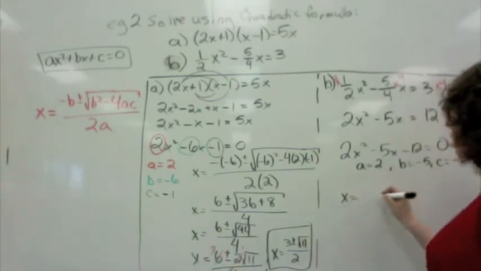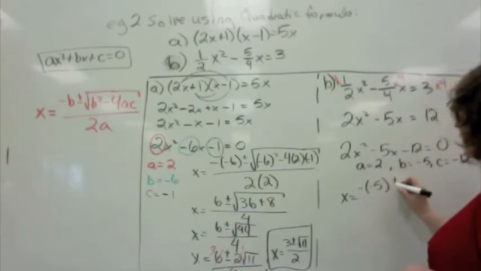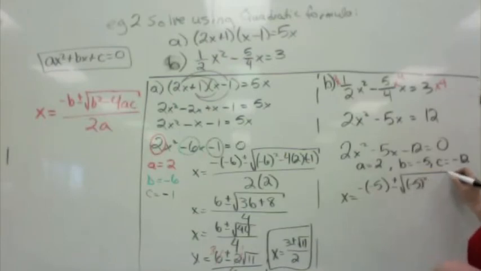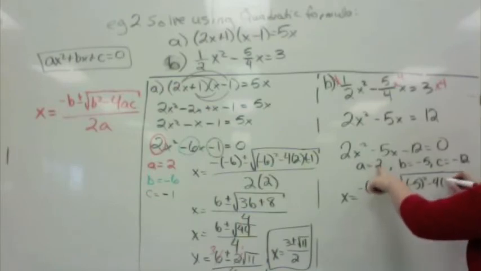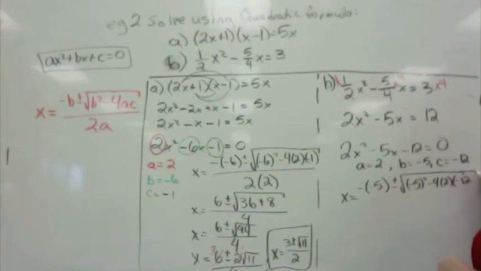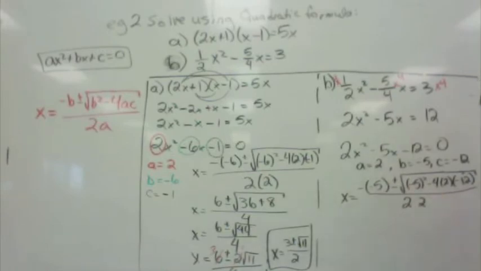So x equals -b, so -5, plus or minus the square root of -5 squared minus 4 times A times C, all over 2A, 2 times 2.